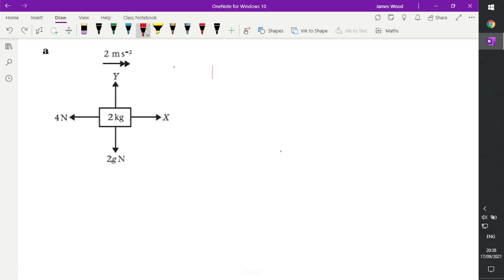Actually, we're going to do to the right first, I think. We'll do it in the direction that it's moving first of all. So resolving to the right, I've got force x minus 4 newtons. And that equals, because remember here I'm using F equals ma, 2 times the acceleration to the right is also 2. So x is going to be 8 newtons.